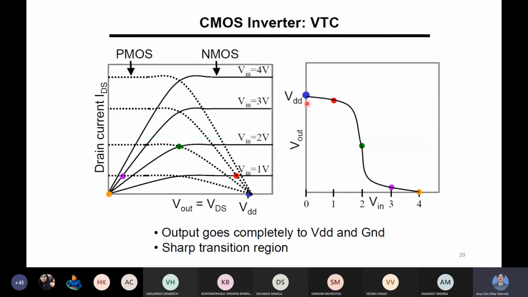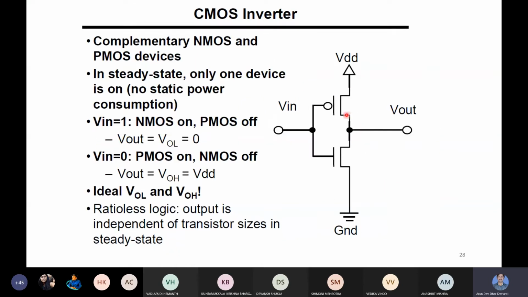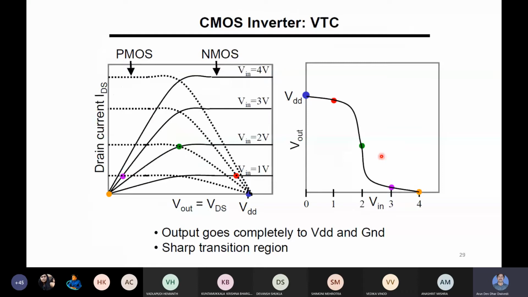Its output voltage versus input voltage characteristics is shown for the inverter which we have discussed here. This is the CMOS inverter, and this is the VTC plot, voltage transfer characteristics. Load lines are also shown here. The solid line is the output characteristics of the NMOS, and the dotted lines show the output characteristics of the PMOS during the operation.